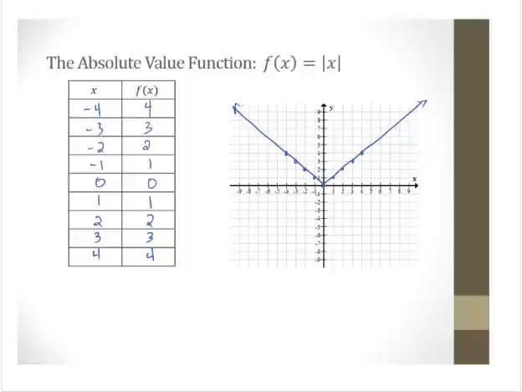So there's the absolute value function, table of values and graph. The domain is negative infinity to infinity. I can put any number into this function. And the range is bracket 0, infinity.